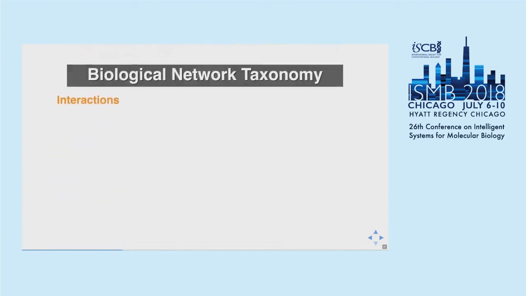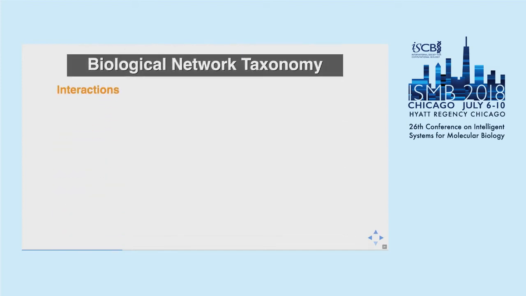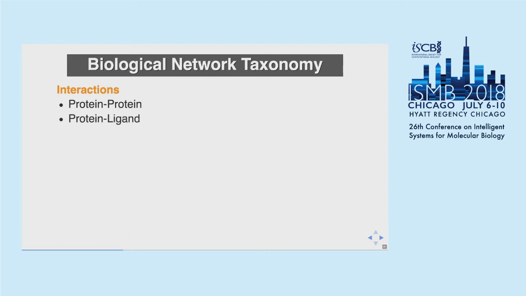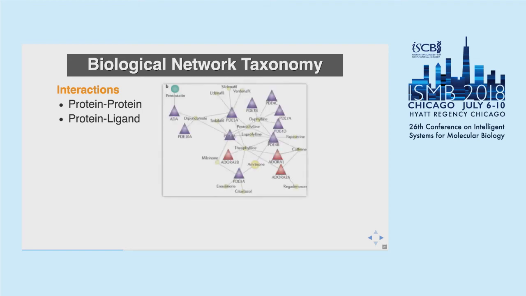All right. The one that you're probably most familiar with are interactions, protein-protein interactions. This is the canonical and ubiquitous hairball. That's the official name for this type of visualization. We do not publish hairballs anymore unless there's some very particular unique aspect to it. Protein ligand diagrams, though, right?